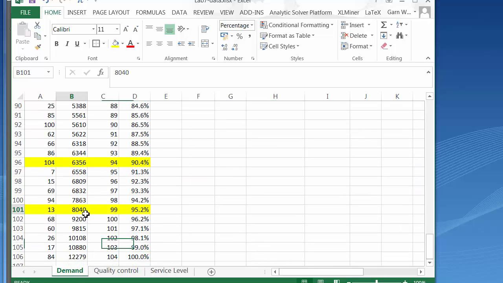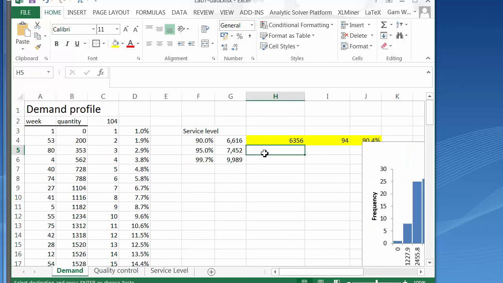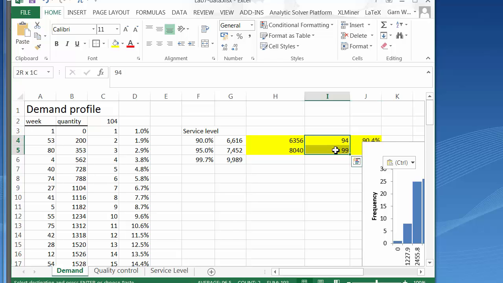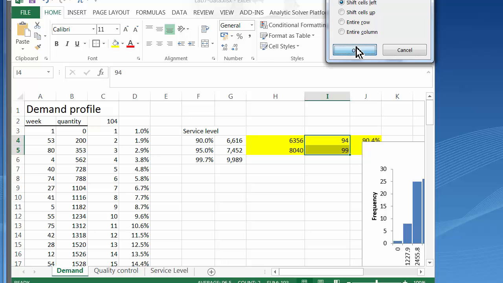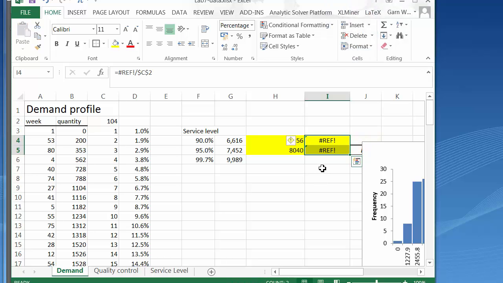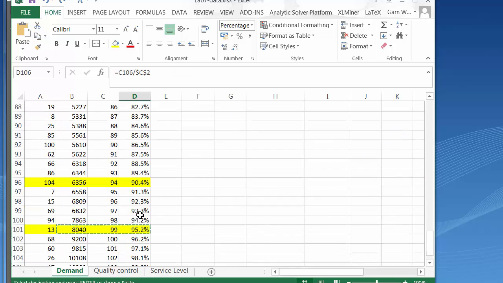The difference is increasing now for 99.7%.